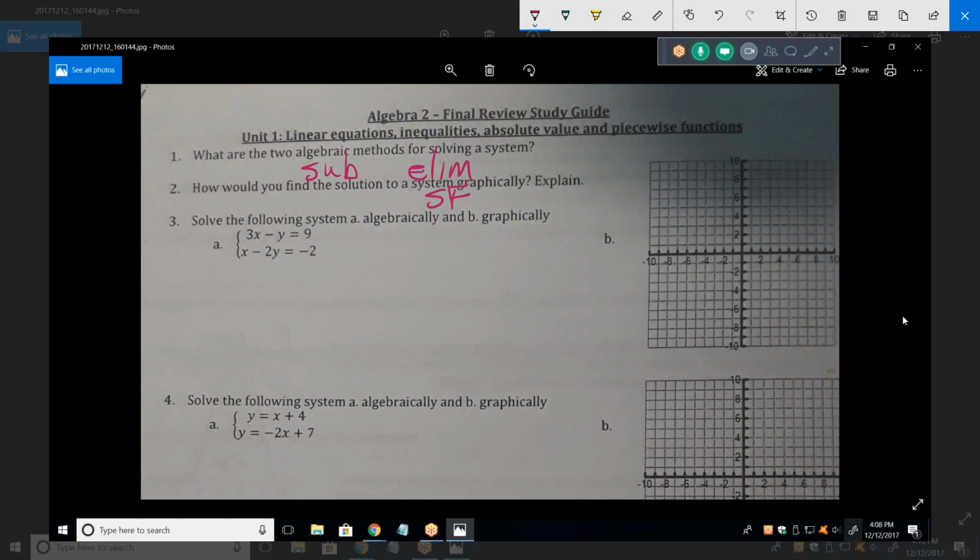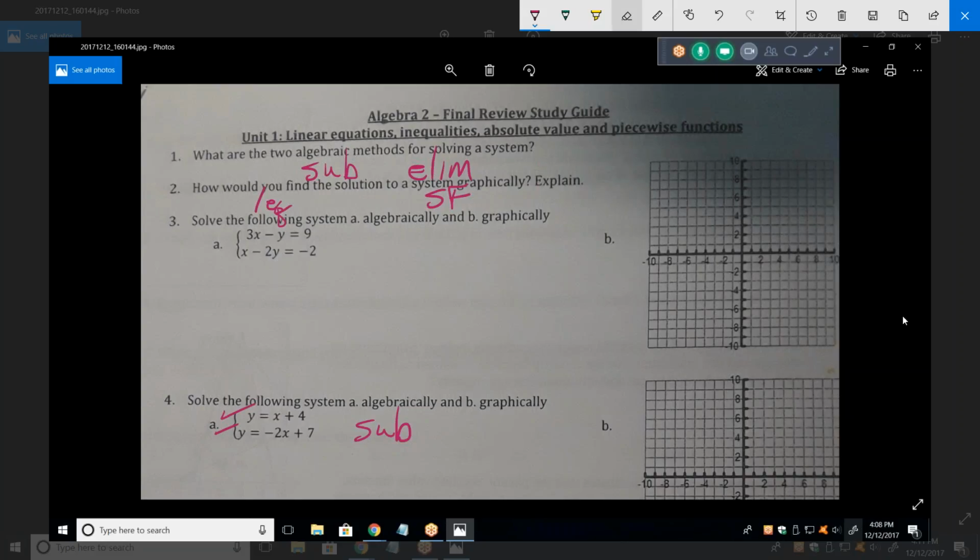Use substitution whenever there's one equation fully defined. Notice that neither of these equations is defined for a variable. Both of them are in standard format. So we're definitely going to use elimination. On 4a, notice that the first function is fully defined in terms of y. So is the second one. So this one I'm going to use substitution on. So that's what determines what you use: what form they're giving you the equations in.